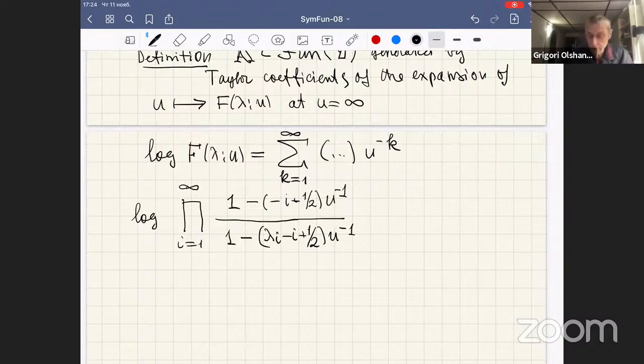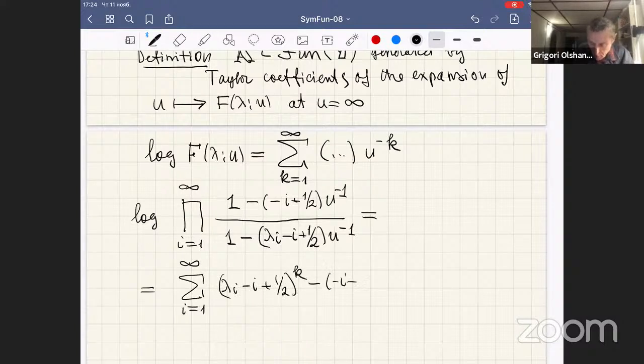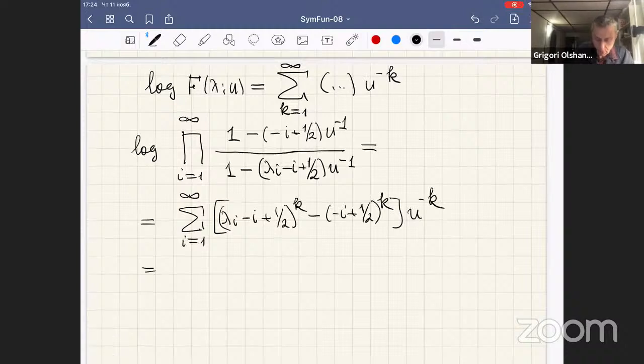And if we write this, we get exactly the sum, which is the same as follows.